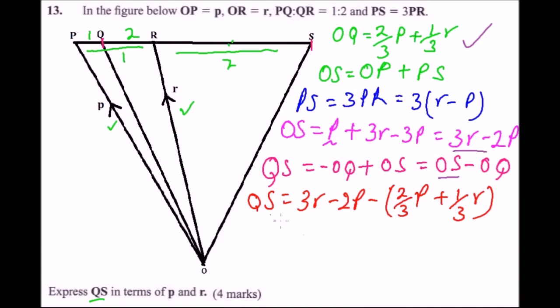We can open the bracket and say QS is equal to 3R minus 2P minus 2 over 3P minus a third R.